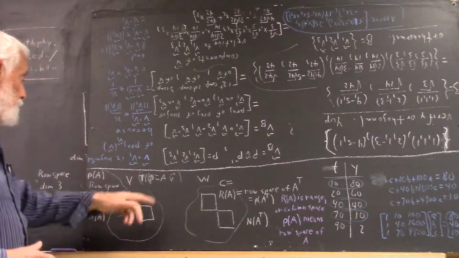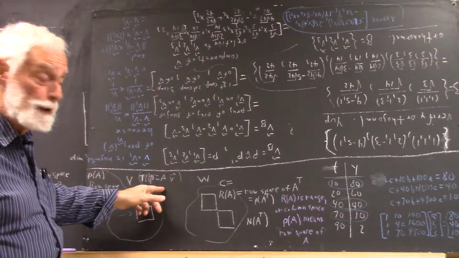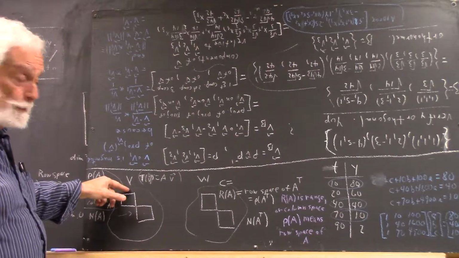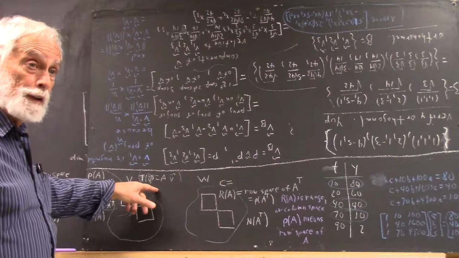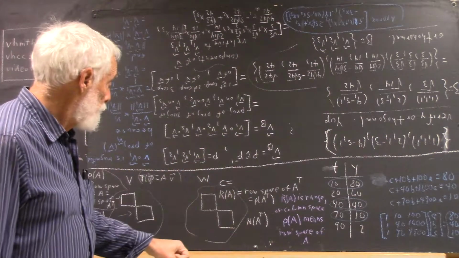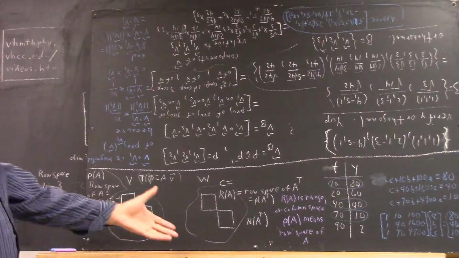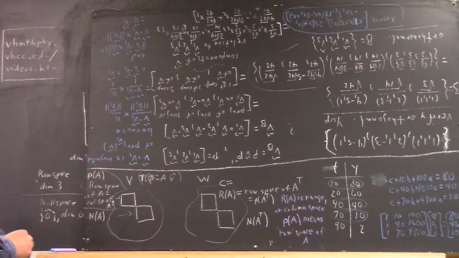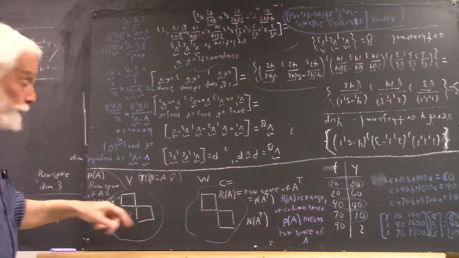Let's say A is M by N, then V would be R^n, and W would be R^m, because an M by N matrix acts on vectors of length N and gives you vectors of length M. Then we have the, I hope familiar, breakdown of V into the row space of A and the null space of A, the perpendicular or orthogonal subspaces.